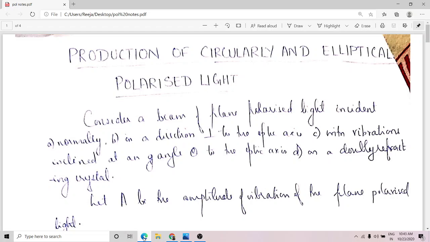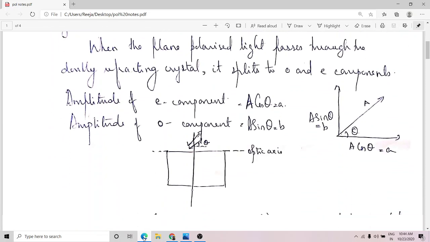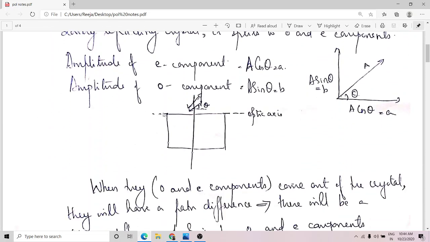There, we considered a beam of plane polarized light incident normally, in a direction perpendicular to the optic axis, with vibrations inclined at an angle theta to the optic axis, on a doubly refracting crystal. Inside the crystal, the plane polarized beam splits into E and O components.